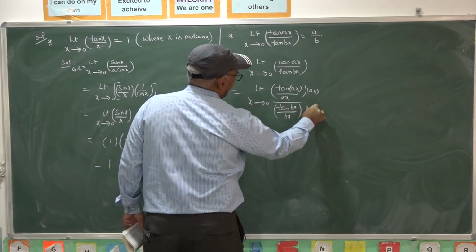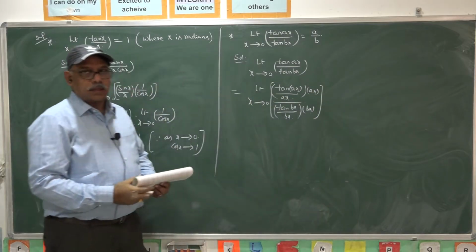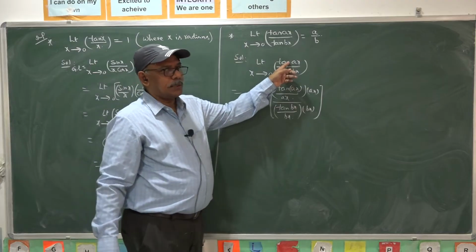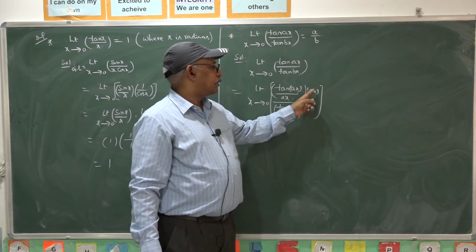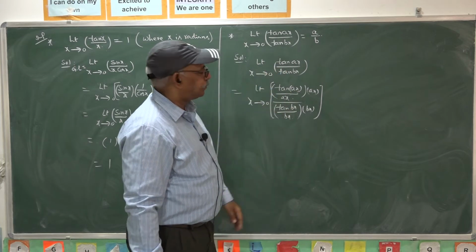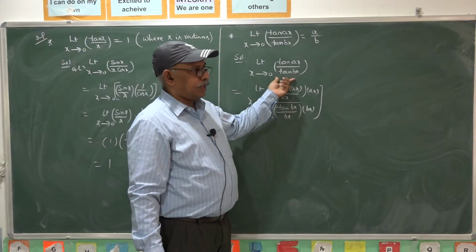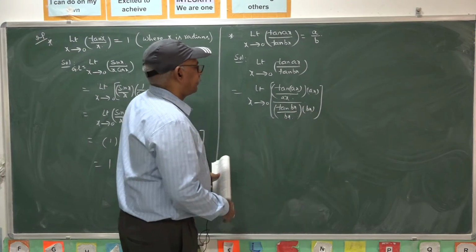You can write the given function like this. I am dividing the numerator by ax and multiplying the same numerator by ax, so once you remove this, you get tan ax itself. Similarly, dividing the denominator by bx and multiplying by bx, we get this.